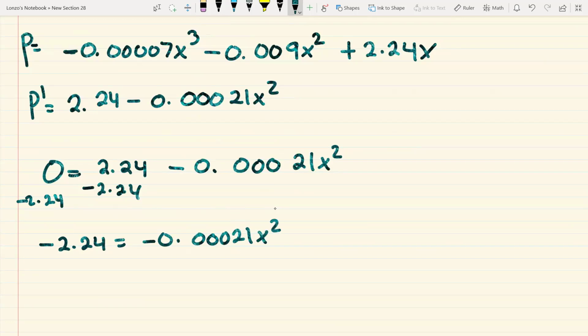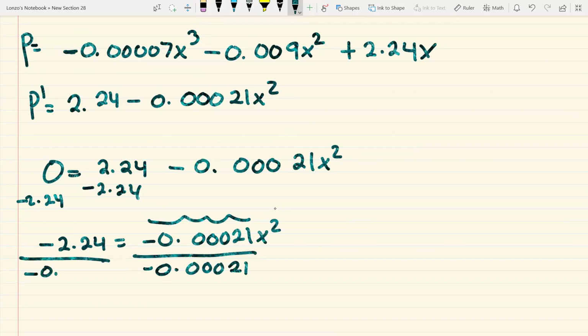And then continue solving for x, so divide everything by that. This becomes 10666.66 equals x squared.